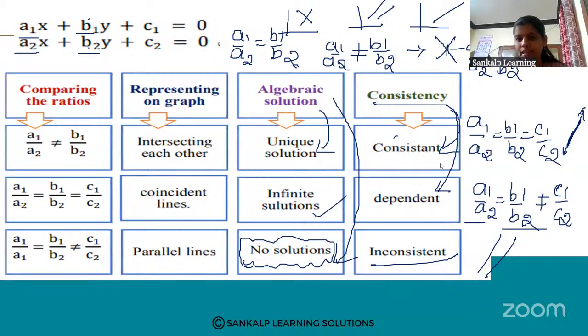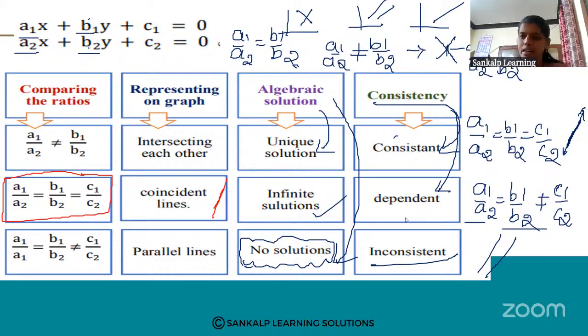And the graph, or the equations, are consistent. If a1 divided by a2 is equal to b1 divided by b2 is equal to c1 divided by c2, that means all the ratios are equal here. At that time coincident lines we are getting and an infinite number of solutions will happen, right? So infinite solutions are there for this pair of equations.